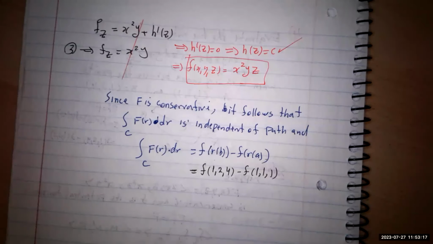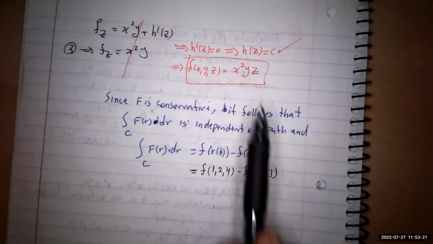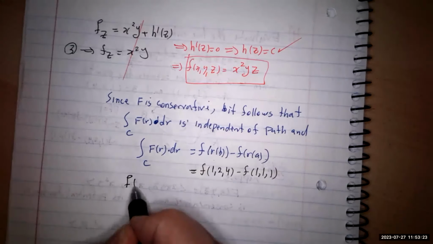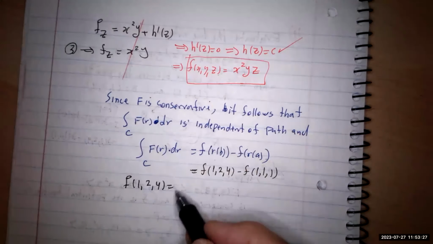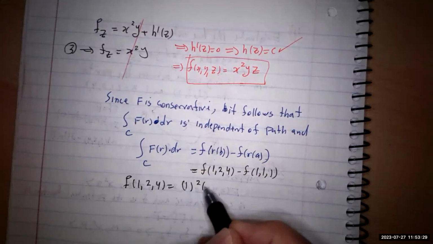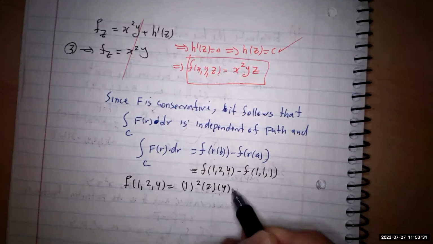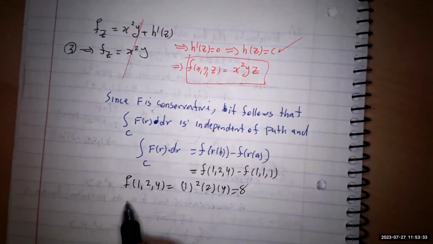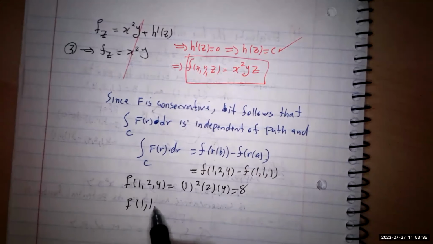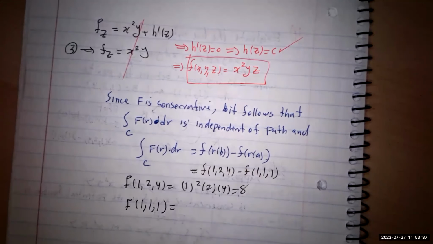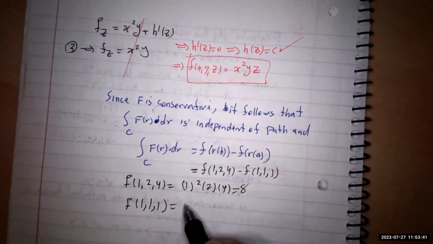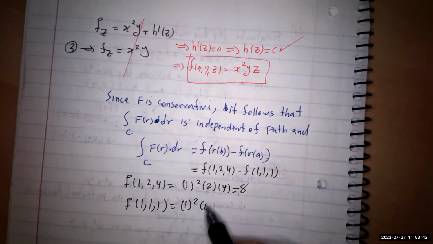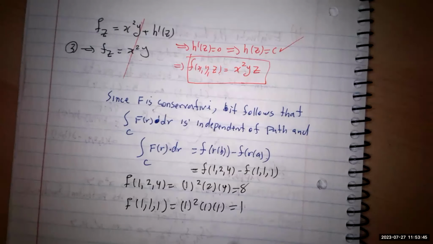Okay, so go to the function and find it. So this is your function. So f of (1, 2, 4) is 1 squared times 2 times 4, which is 8. f of (1, 1, 1) is just 1 squared times 1 times 1, which is 1.